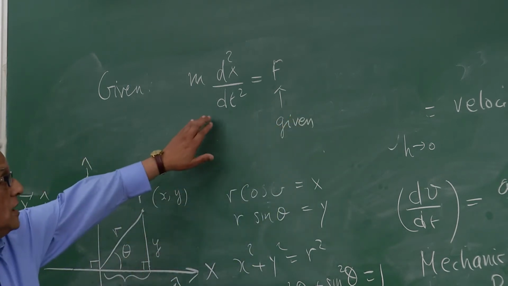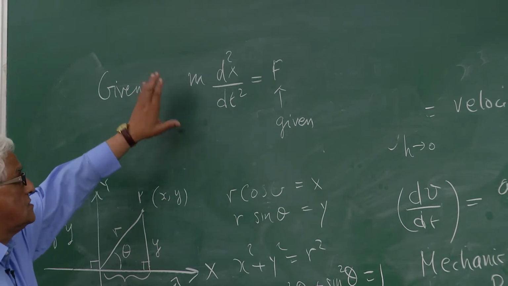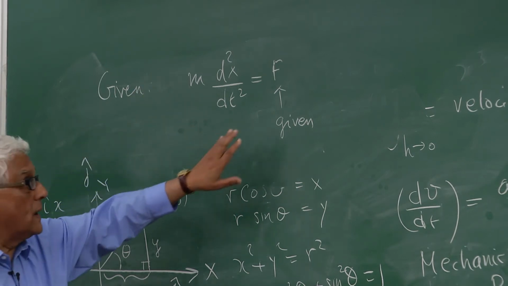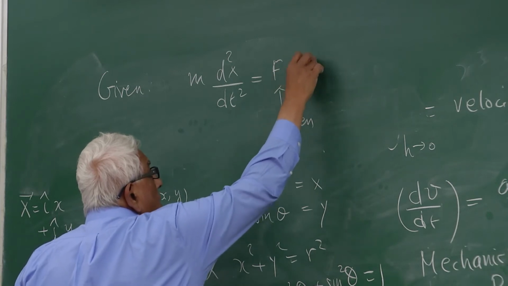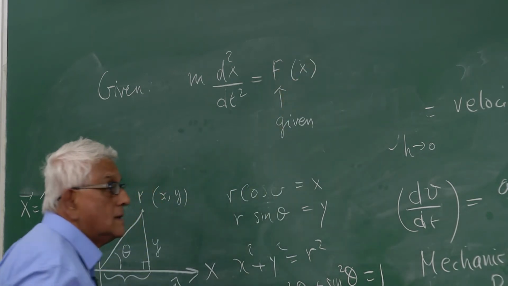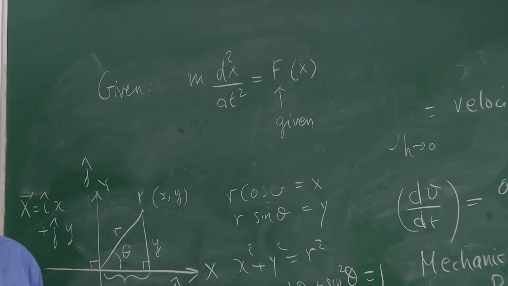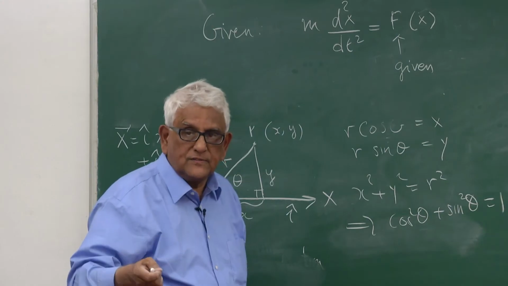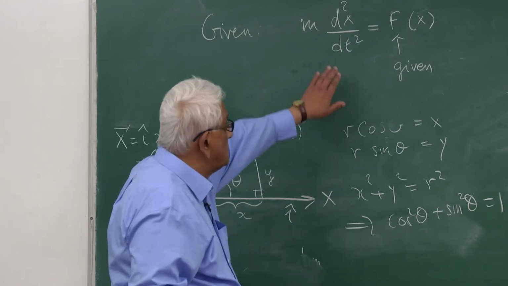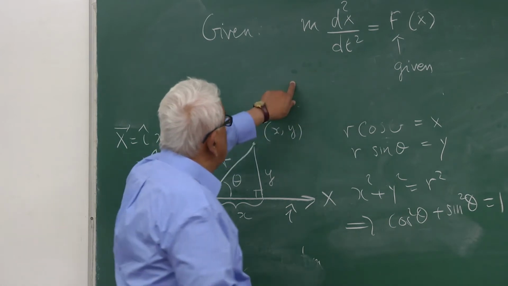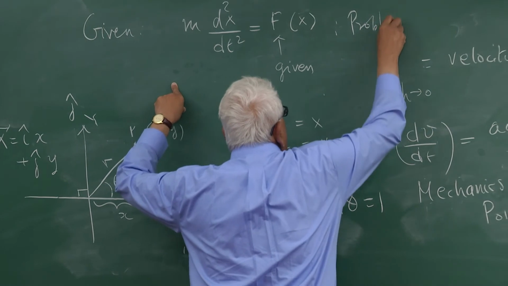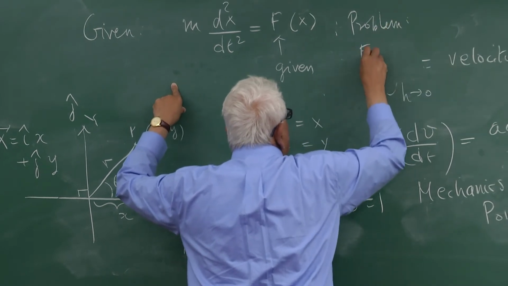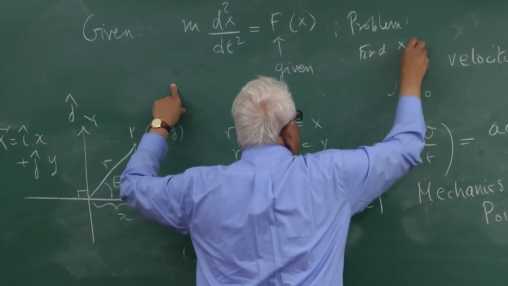So by solving you mean given this equation where f is something which depends on x, right? It can depend on x dot as well in general, the derivative of x, the velocity, but let's suppose it's like this. Then the problem is to find x of t.